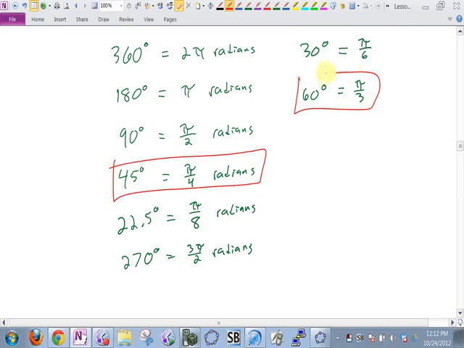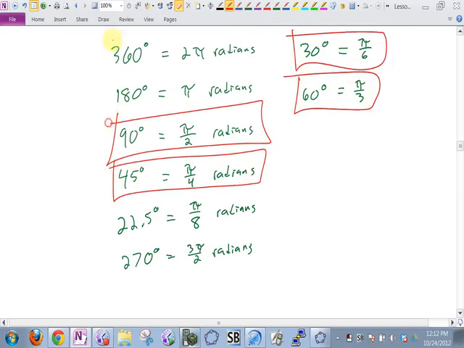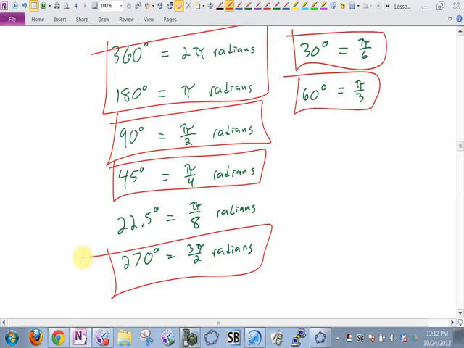Just straight memorize them. 270, absolutely. You're going to memorize those, and you're going to memorize all of the multiples of them. So 30, 45, 60, 90, 120, 135, 150, 180, 210, 225, 240, 270, 300, 315, 330, and then 360.